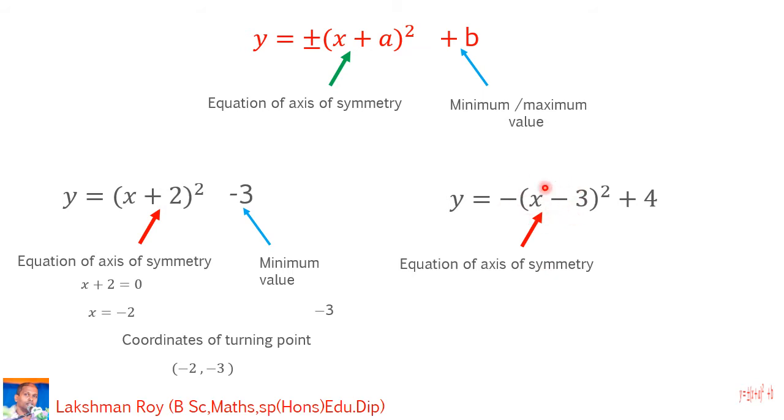Take the inside part, x minus 3 equals 0, then take this part to the right side, and you get x equals 3. So this is the equation of the axis of symmetry. Then this part says the maximum value, so this is a maxima. Here the maximum value is positive 4. So that is how to do this.